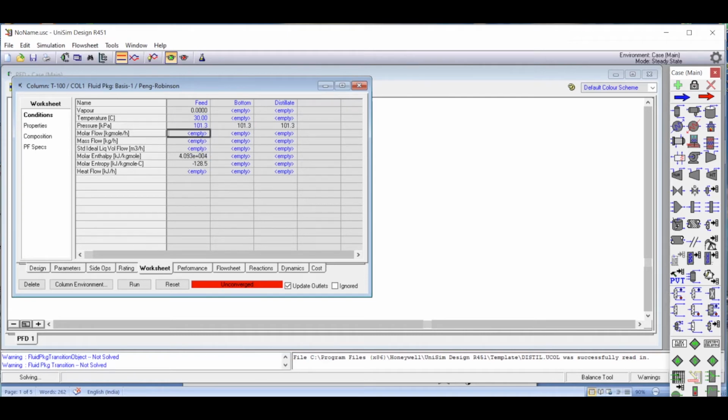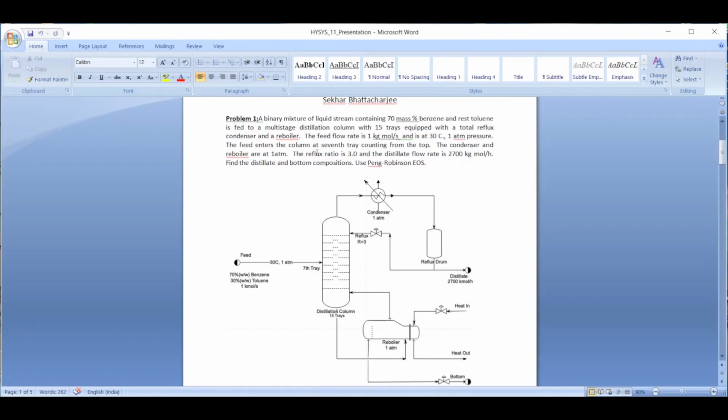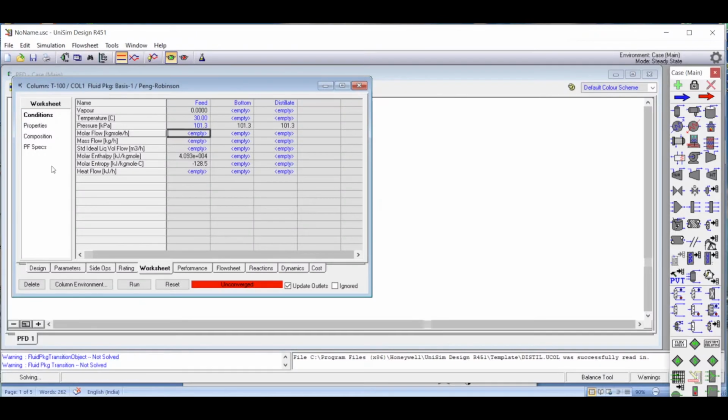Then of course we have to define the flow rate, and according to this problem, the flow rate is 1 kilomole per second. So we define this flow rate as 1 kilomole per second. As you can see, this has already been done.